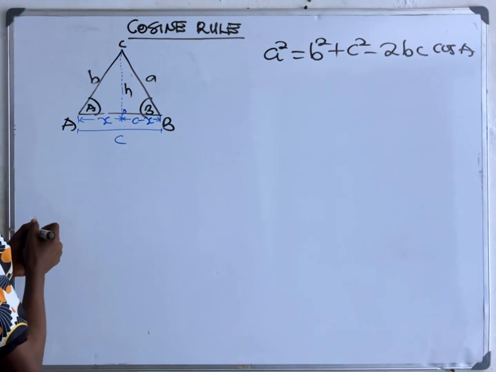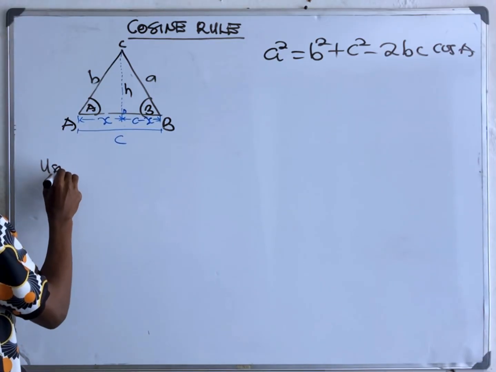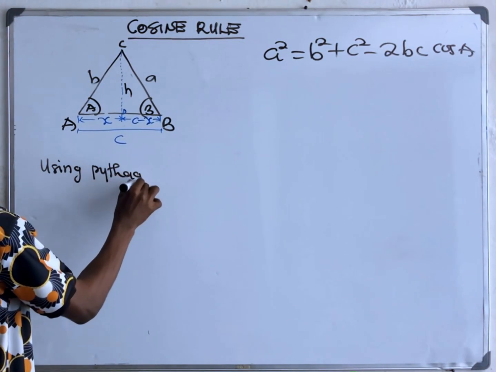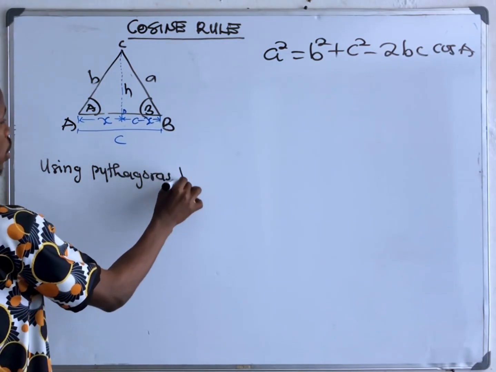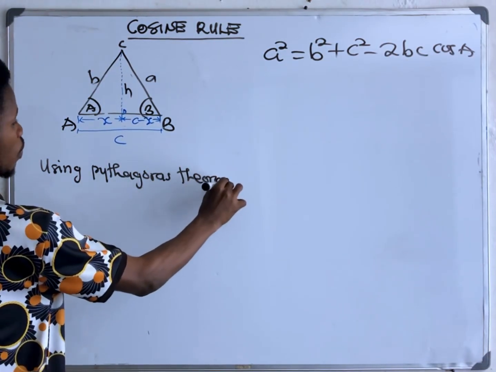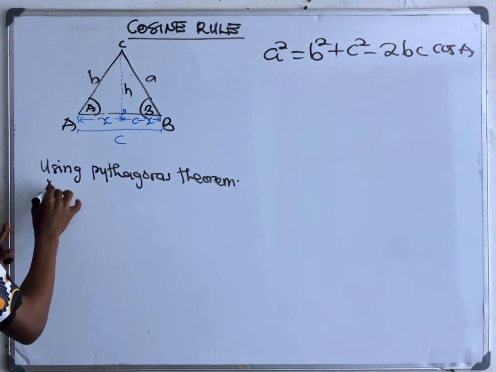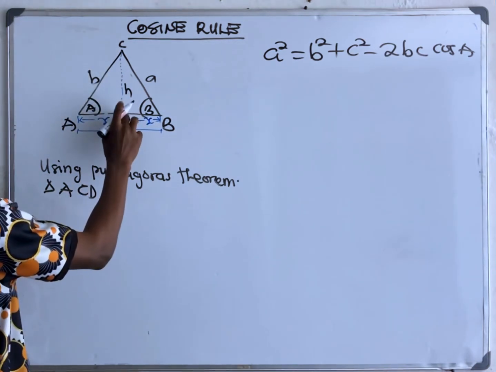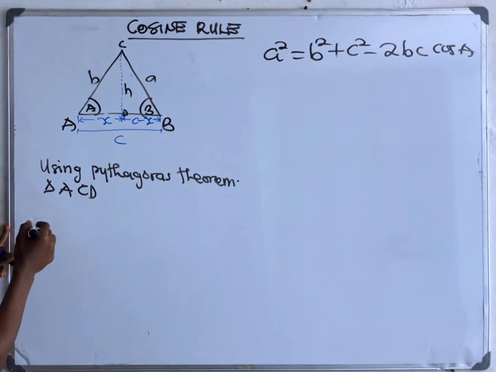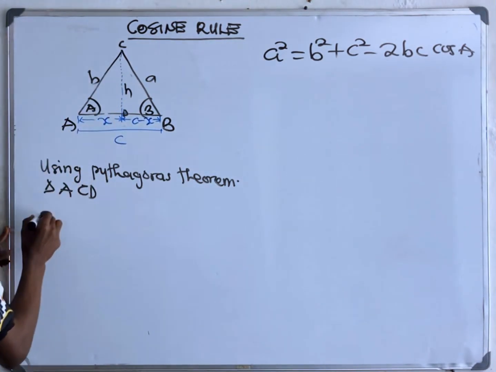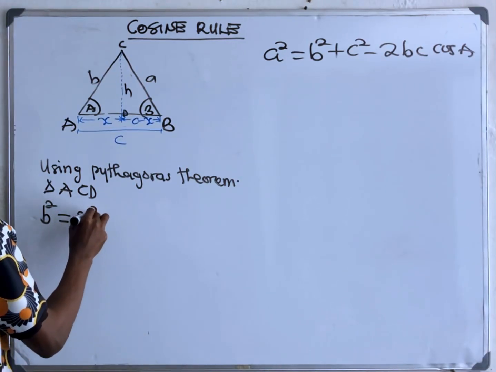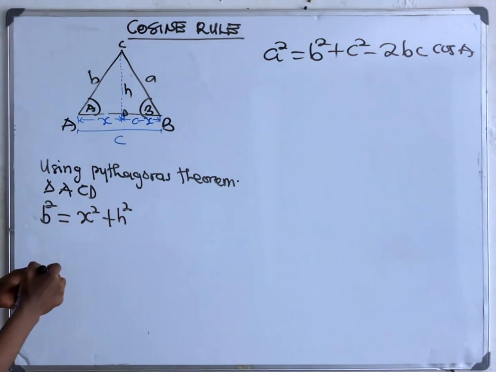We know that from this place, using Pythagoras theorem, and considering triangle ACD, this side is D. Considering that triangle, we can say that b squared is equal to x squared plus h squared, right?